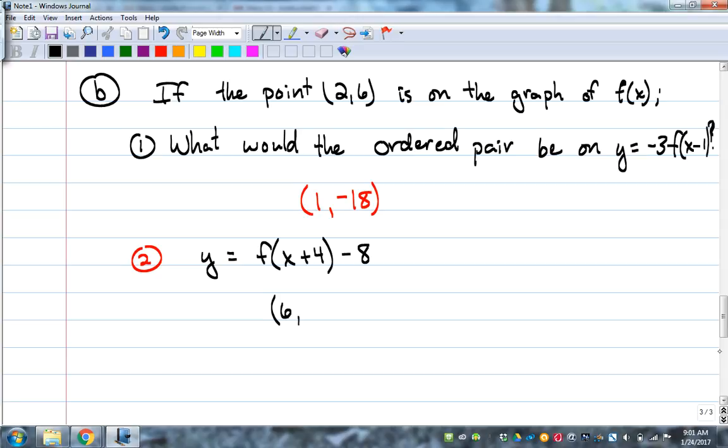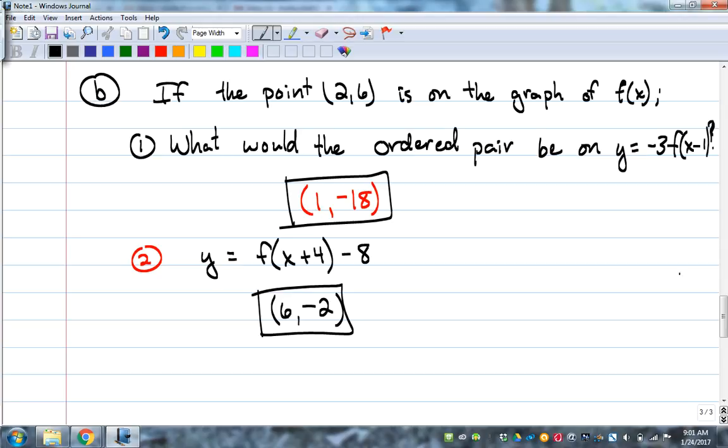You take x plus 4, so 2 plus 4 is 6. You take the y value and you subtract 8. 6 minus 8 would be negative 2. There's your ordered pair. You just do the work that it shows. Nothing crazy about that. It's really easy.